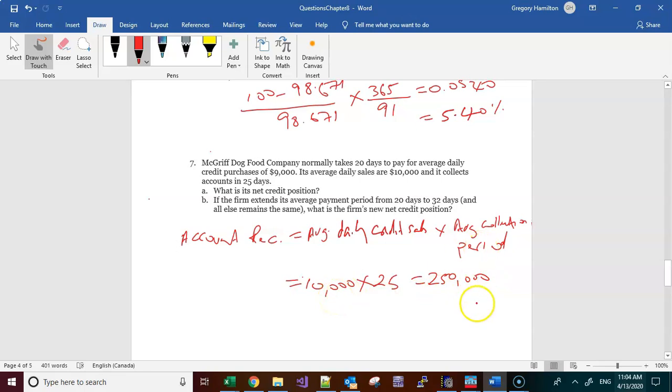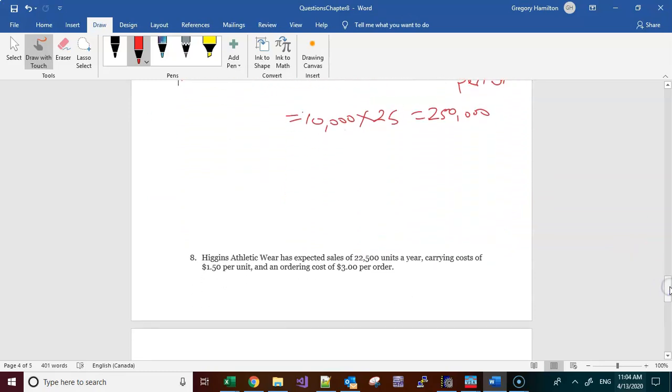So now we've found the accounts receivable. We need to find the accounts payable. And that would be what? Average daily credit purchases multiplied by average payment period.